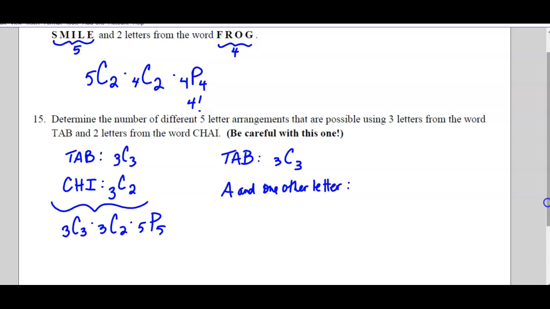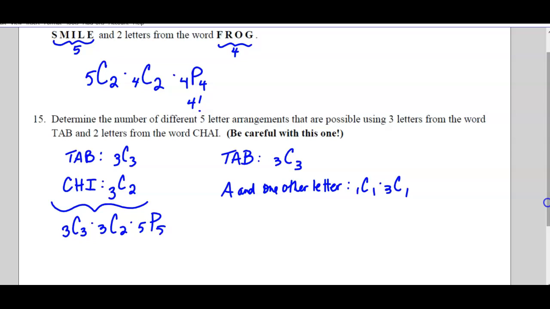So from chalk, if we have an A, that's 1C1, and then 3 non-A's to choose one of those. So that's guaranteeing that we have an A. Because if we don't split this up into parts, some of what we'll do will maybe have 2 A's, some won't.